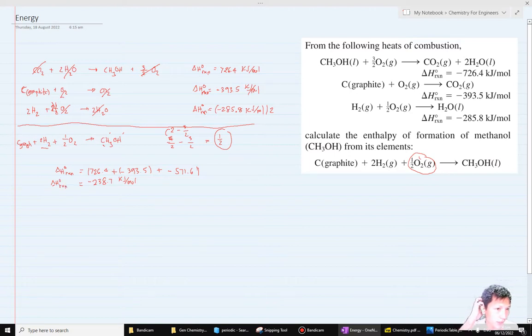That would be the standard enthalpy of reaction of carbon graphite and two molecules of hydrogen and 1/2 molecule of oxygen turning into methanol. Actually, you can do this by experiment also.